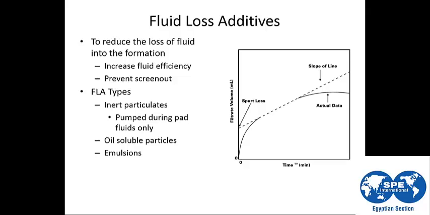But it has a side effect: this emulsion is not easy to break or to recover. So you need to pump a batch of emulsion breaker to break this emulsion and recover this fluid pumped as a fluid loss additive.